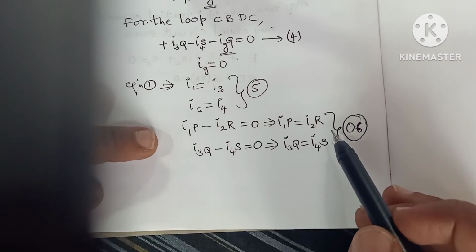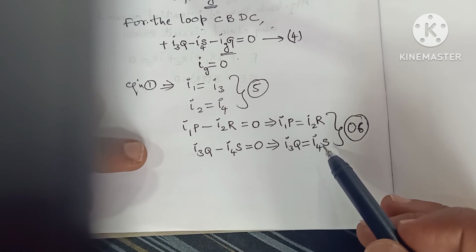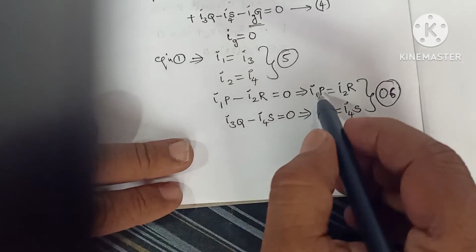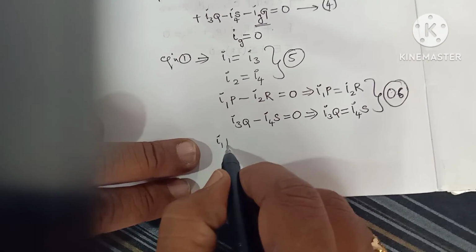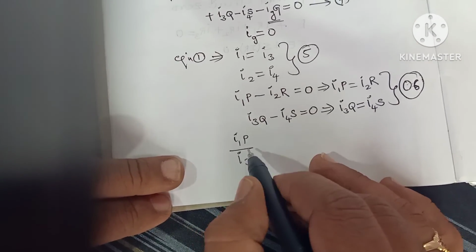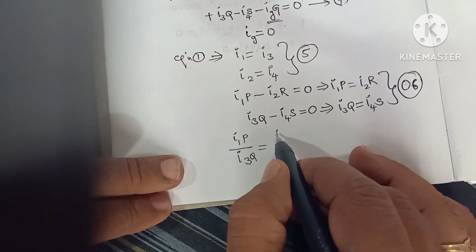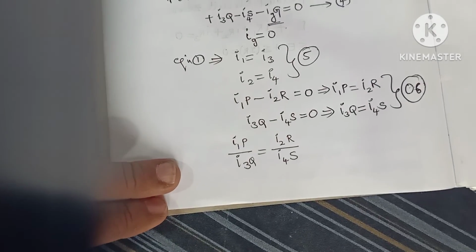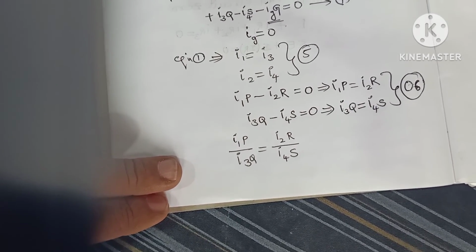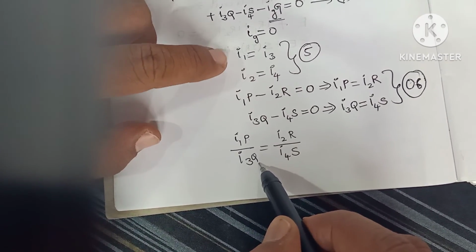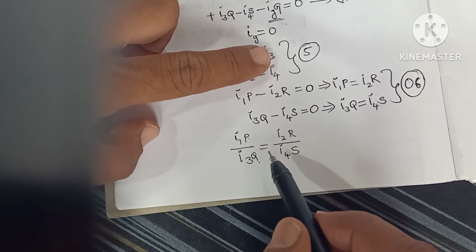Okay, now we will take a ratio of these two equations: we divide I1P by I3Q, and I2R by I4S. Simply we are dividing the two equations. Now we have I1P by I3Q. We can replace I1 with I3, since I1 is equal to I3.